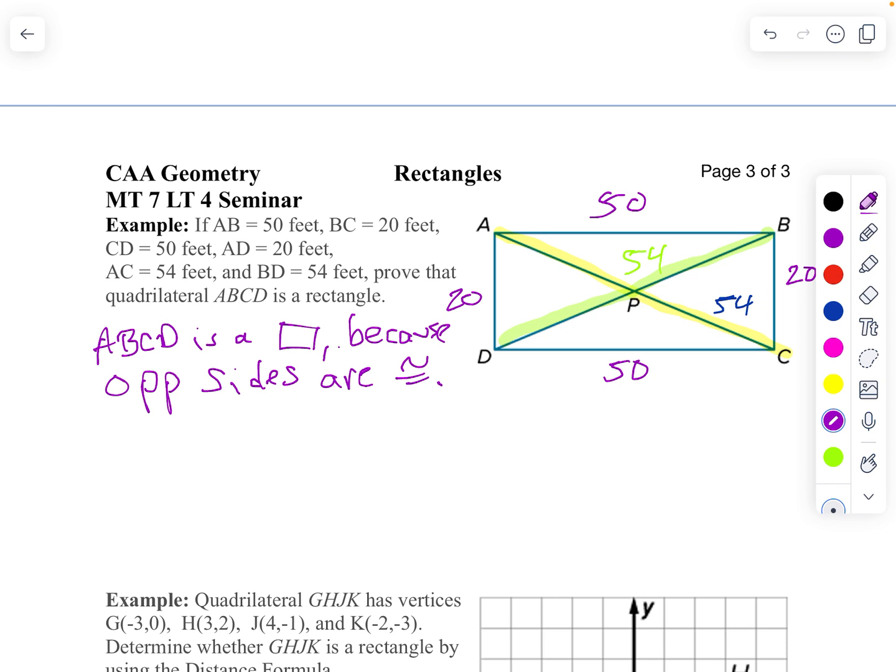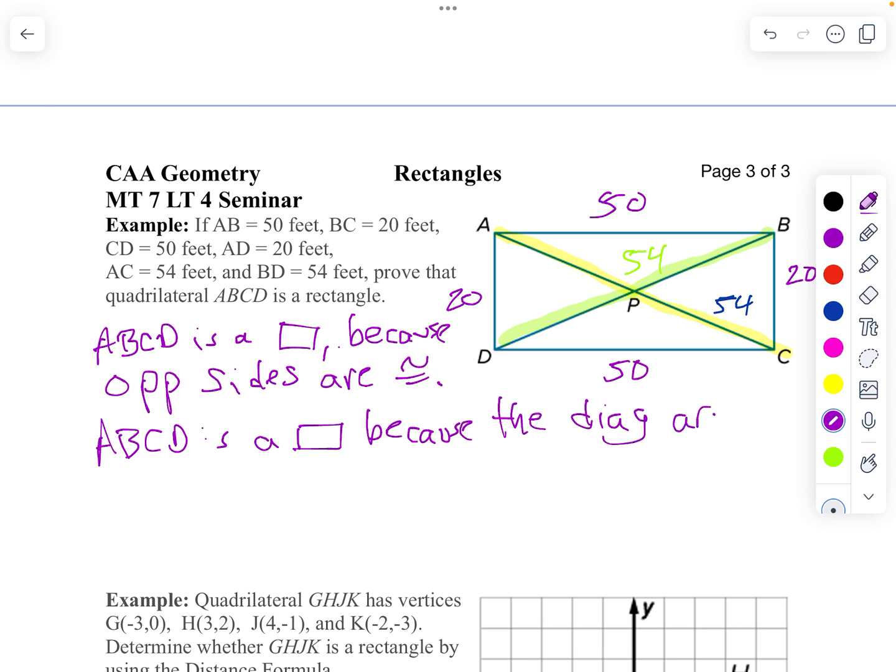So then I say ABCD is a rectangle because the diagonals are congruent in a parallelogram. And we showed it was a parallelogram with the first sentence. So there you have it.